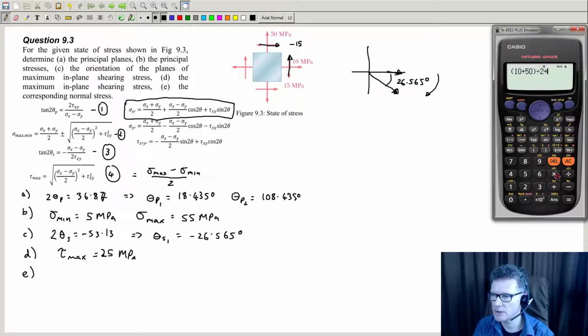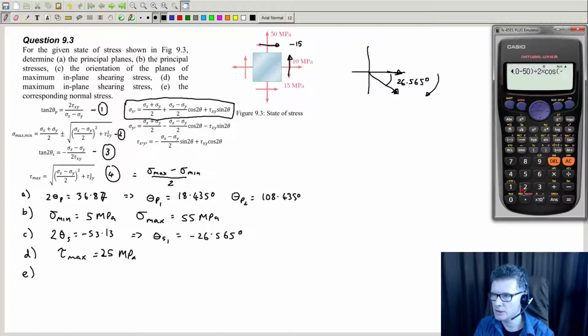And then we've got plus, open bracket, 10, take away 50, divided by 2. And then we will times that by cos. So we are swinging this way, so it's a negative.